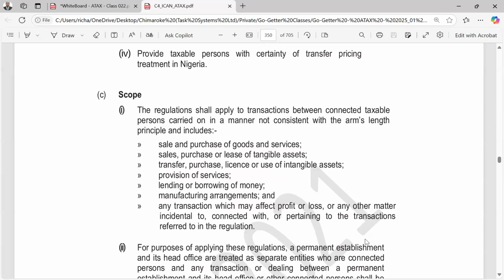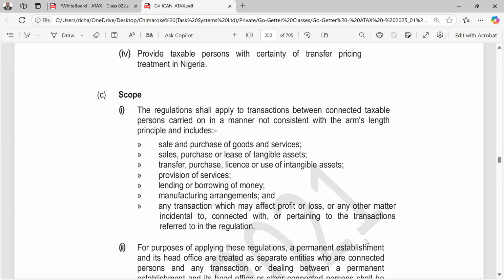And it includes sales and purchase of goods and services. I just mentioned sales of goods, purchase or lease of tangible assets. Then there are intangible assets, provision of services, especially management services, lending or borrowing of money. It could be in the form of share capital or capital structure. Instead of buying shares, you are buying preference shares, debentures.